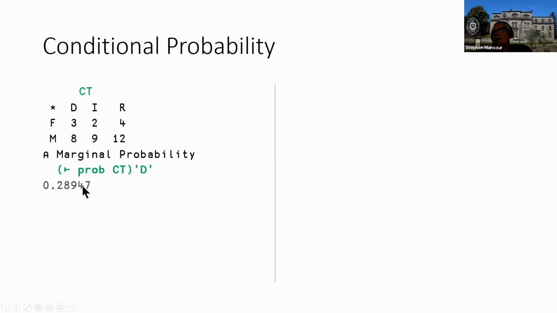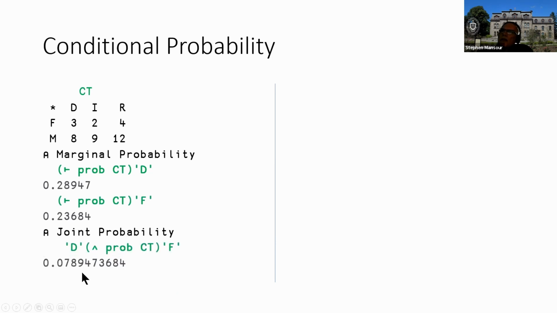I can do the same thing for the other variable, sex. What's the probability that a student is female? Again, using the right tack. Joint probability, of course, is just and. So Democrat and female. If we take joint probability and divide by marginal probability, we get conditional probability.